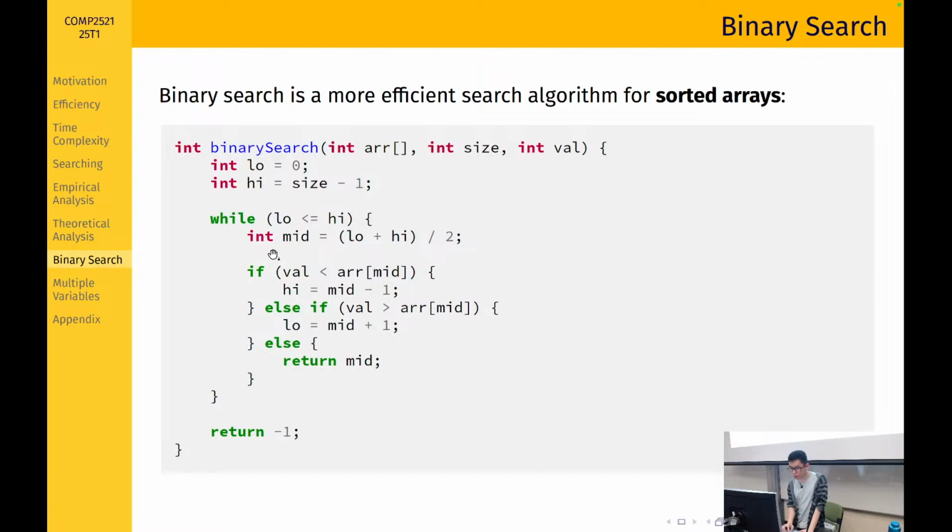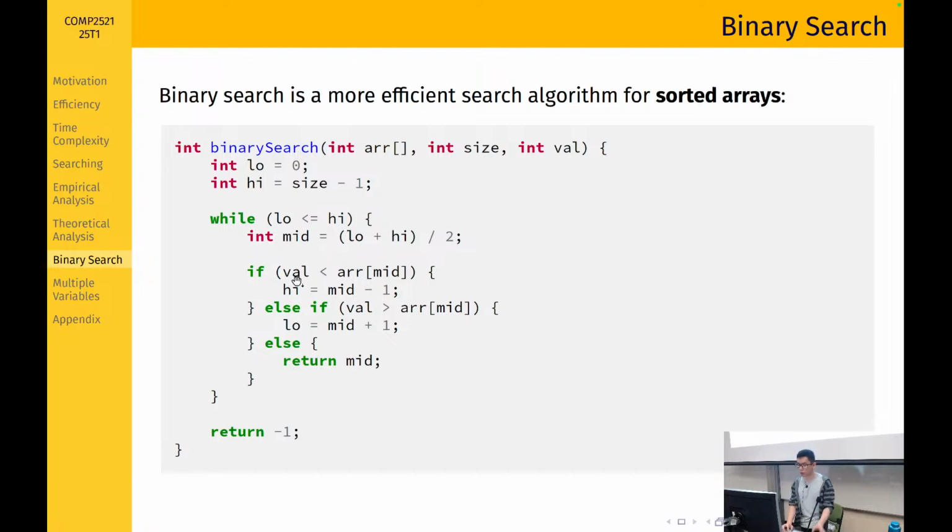Okay, so inside of our while loop, we're going to calculate the middle index of the part of the array that we're searching. So that's low plus high divided by 2. And we're going to access that index, and we're going to update high or low depending on what that value is.